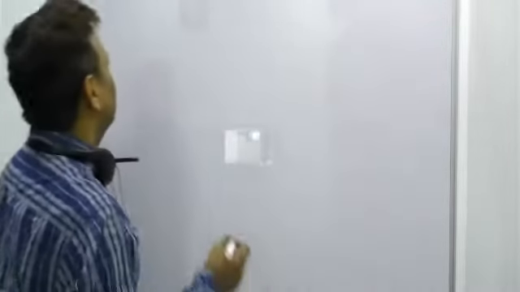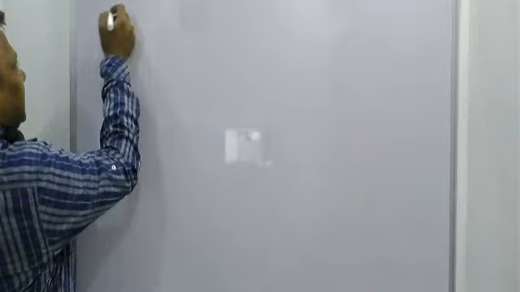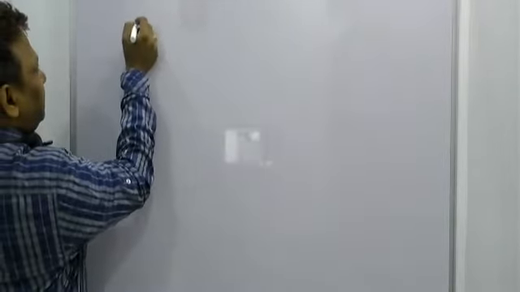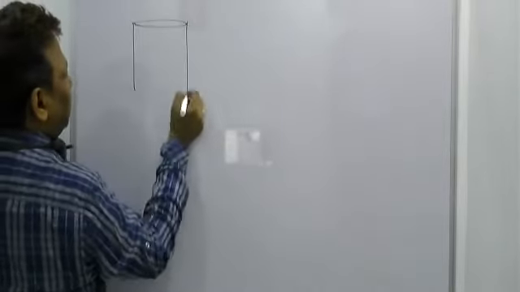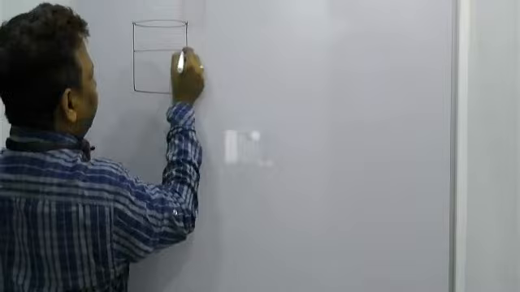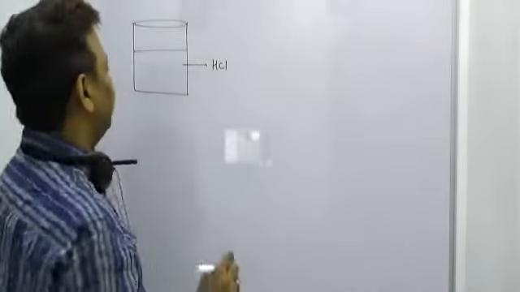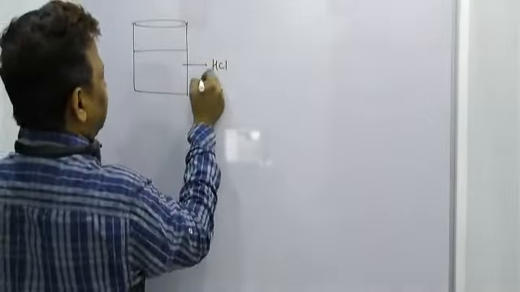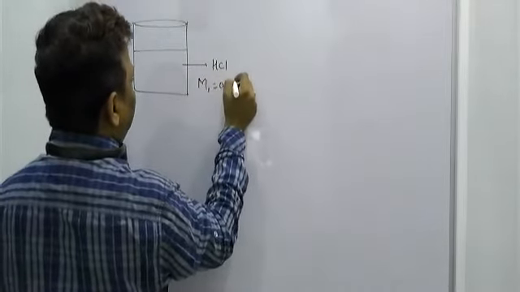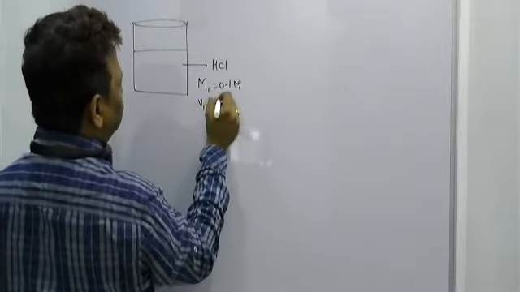Example: these are the molarities. Let us say I have one beaker, and in this beaker we have taken the acid, HCl. Its concentration is 0.1 molar and its volume is 100 ml.